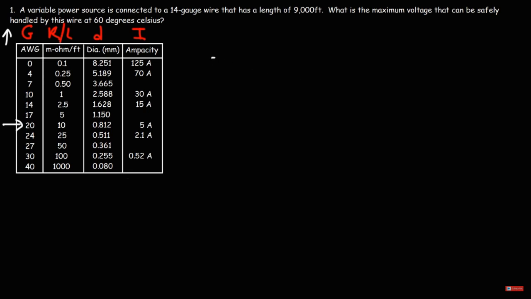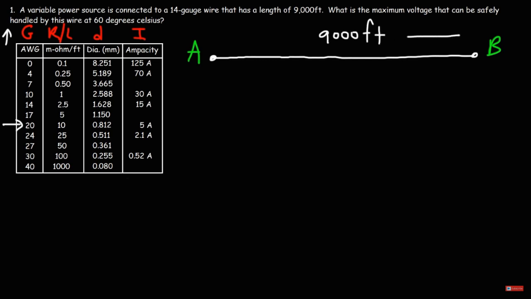Let's begin with the picture. Let's say this is the wire. Let's call this points A and B. What is the maximum voltage that can be applied across this wire? Now this wire has a length of 9,000 feet. It's a very long wire.